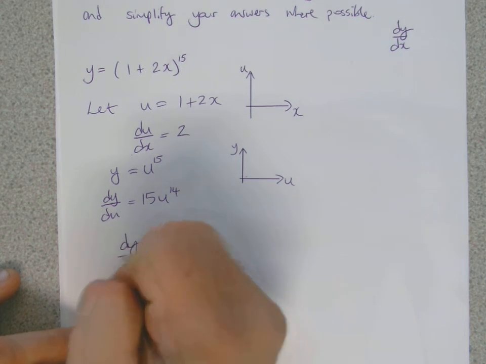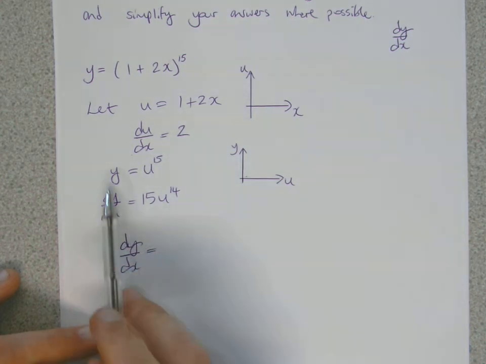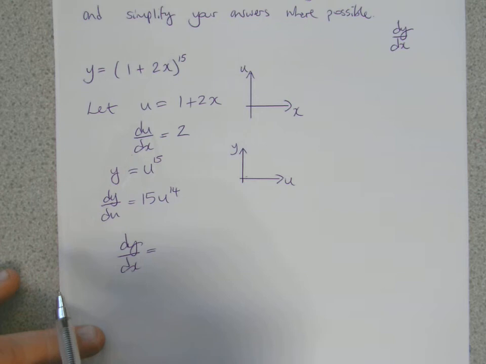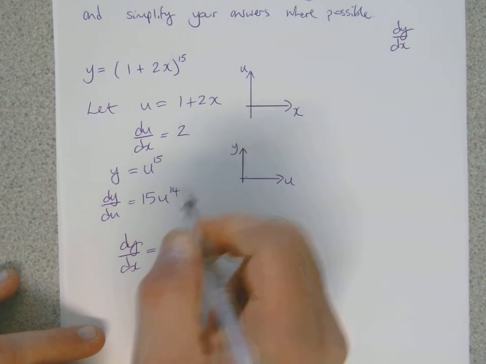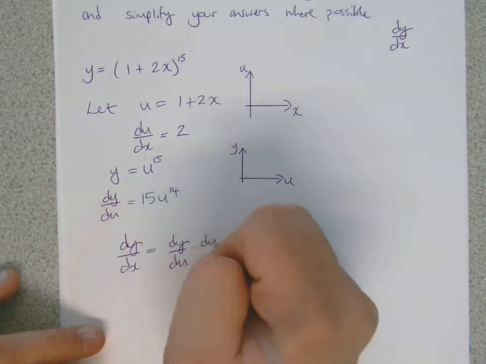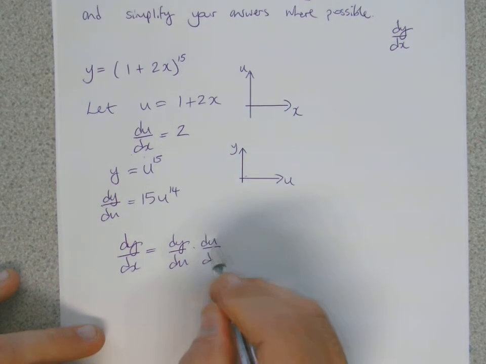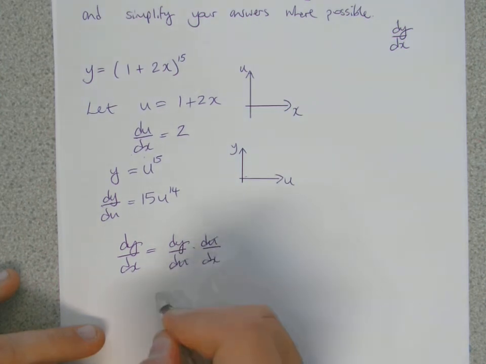So to get dy dx, the chain rule says if I multiply these together, I'll get dy dx. You've got dy by du here, so times that by du by dx. In fact, the du's cancel, don't they? That cancels with that, and I'm left with dy dx. So all you've got to do is multiply them.